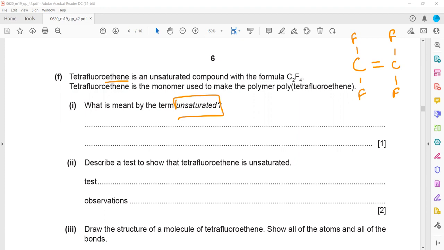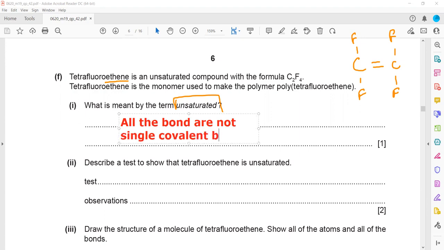Or we can also say not all of the bonds are single bonds. You may find a double bond or a triple bond within the structure, you don't find all of the bonds as single bonds, so we call that compound an unsaturated hydrocarbon.